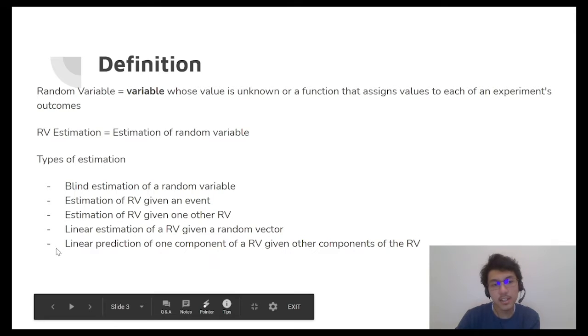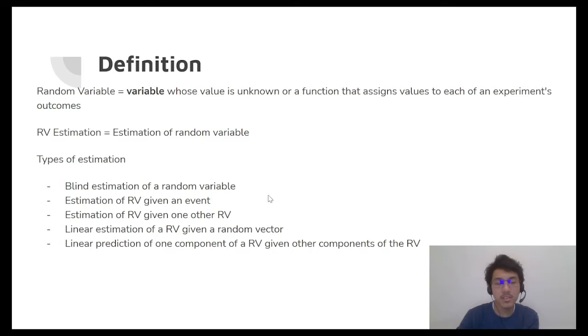And the last one here is linear prediction of one component of a random variable given other components of the random variable. For this video presentation of ours, we are going to be explaining about the second one, estimation of a random variable given an event.